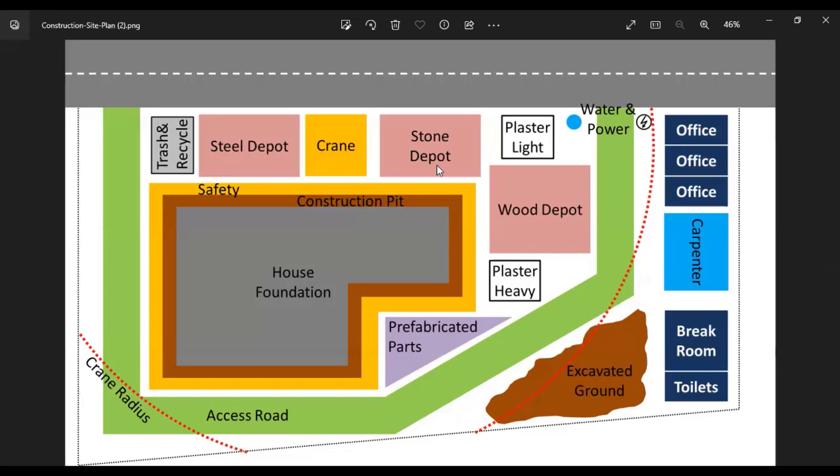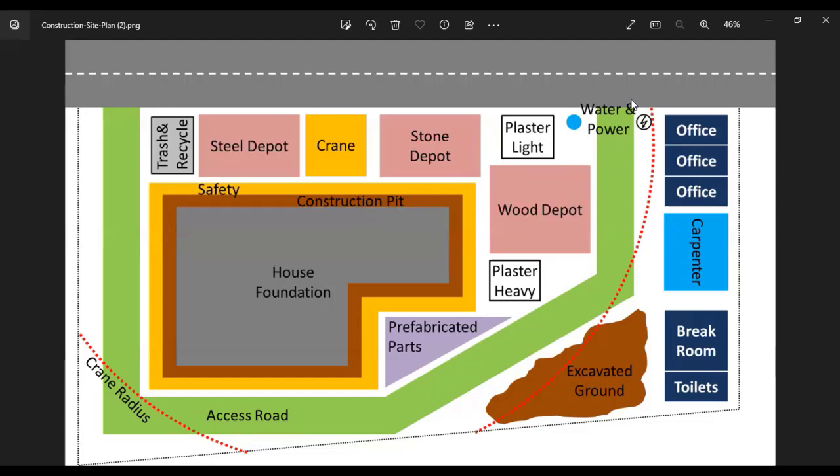Then we have the stone depot. That's where you keep your stones. You can categorize it into quartz or fine aggregates, depending on the kind of stones you put. We have plaster light, and we have the wood depot, where you put your wood. We have a prefabricated pad, possibly for when you do some of your fabrications, depending on the kind of construction work you are doing.